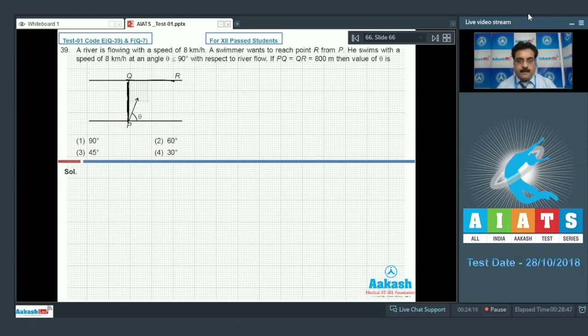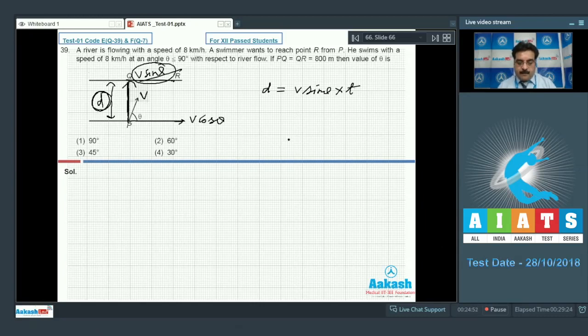So we can solve this by using some logic. Suppose this is D. And if I resolve the two components of this, let us consider this is V. So we'll write this horizontal component V cos theta and this V sin theta. So if I want to find this value of D, which component will be responsible? There is no hesitation, you can say V sin theta. So D is equal to V sin theta, speed into time.